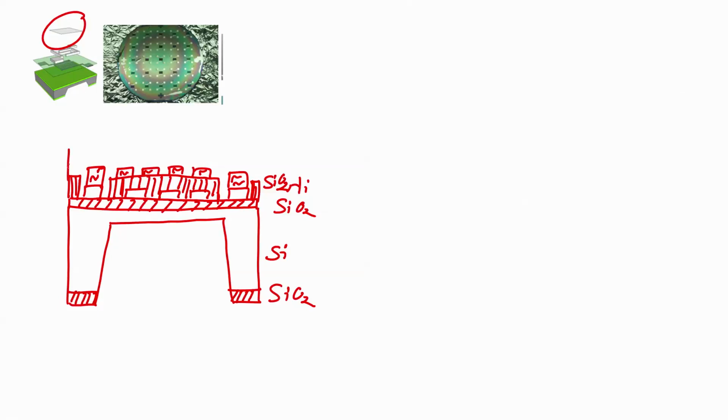So, I will spin coat photoresist, then perform soft baking, then I will load a mask that protects my photoresist in this particular fashion.